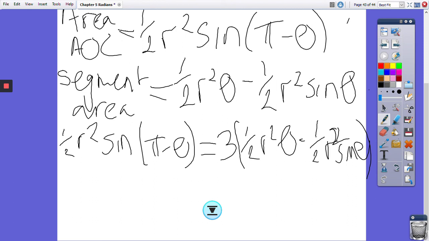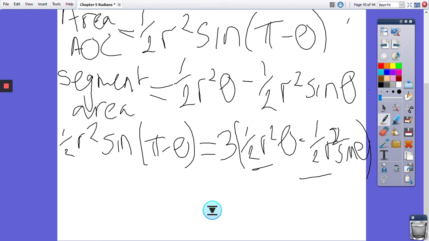Okay, so you will see on all parts of this equation, let's make it easy by saying on the right hand side, you could take out a half R squared because you've got a half R squared here and a half R squared there. You take that out as a factor, and then you can see on both sides of the equation you've got a half R squared.